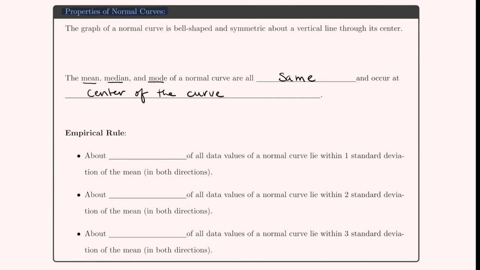Now, due to the normal distribution's particular shape and properties in relation to the mean, median, and mode, the empirical rule tells us where certain percentages of the data are guaranteed to lie. For normal distributions, about 68% of all data values in the normal curve lie within one standard deviation of the mean in both directions.